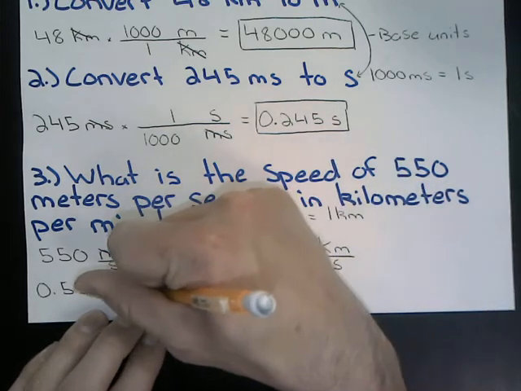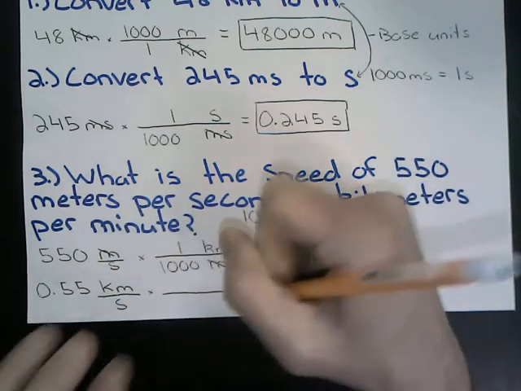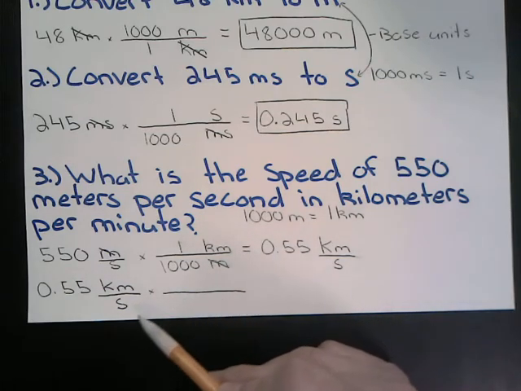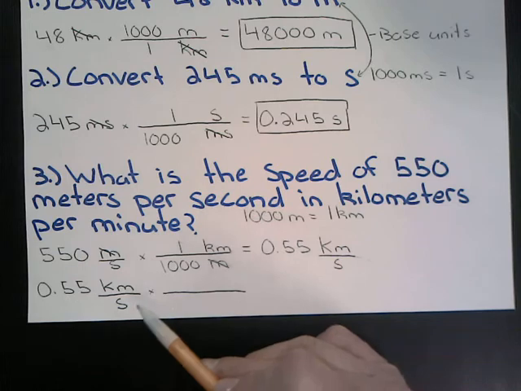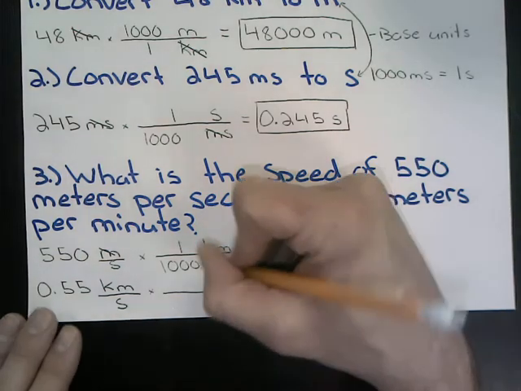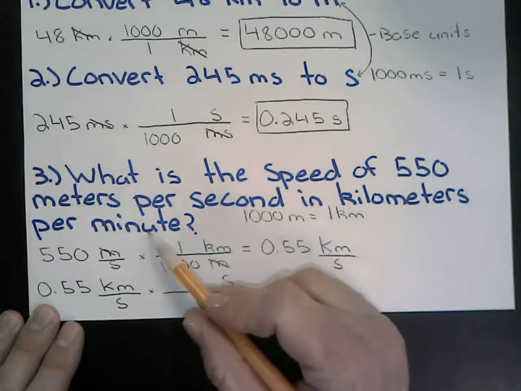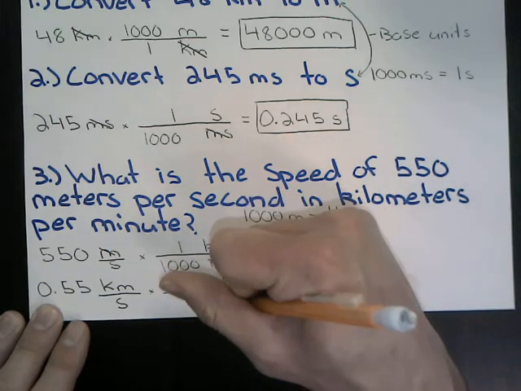So I'm going to draw my conversion factor, and we have to think a little bit differently. Again, we need to cancel out seconds, and remember, diagonals cancel. That means diagonals can go from bottom to top. So we're going to put seconds on top, and then what we want, per minute, we want that on bottom.